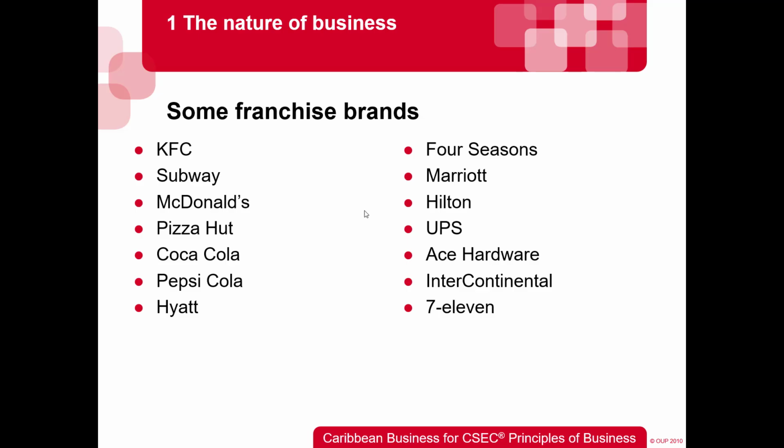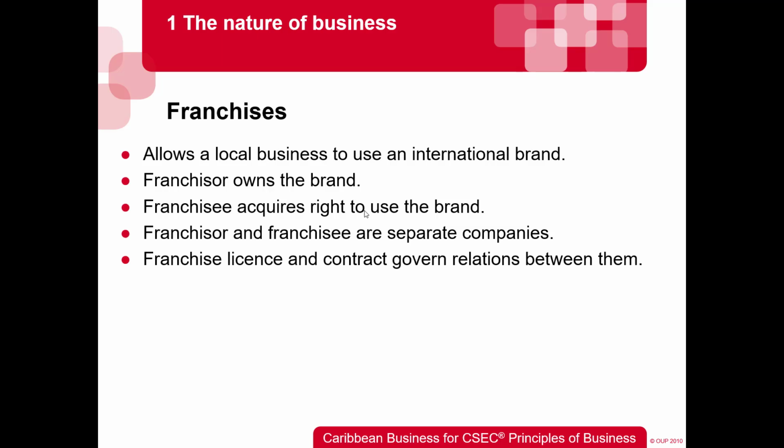They own the logo, the recipe, the layout, everything. They own KFC. They are called the franchisor. The franchisee is the local man, the local woman, the local organization who is trying to start a business and chooses to use the brand, the logo, the rights of that company.